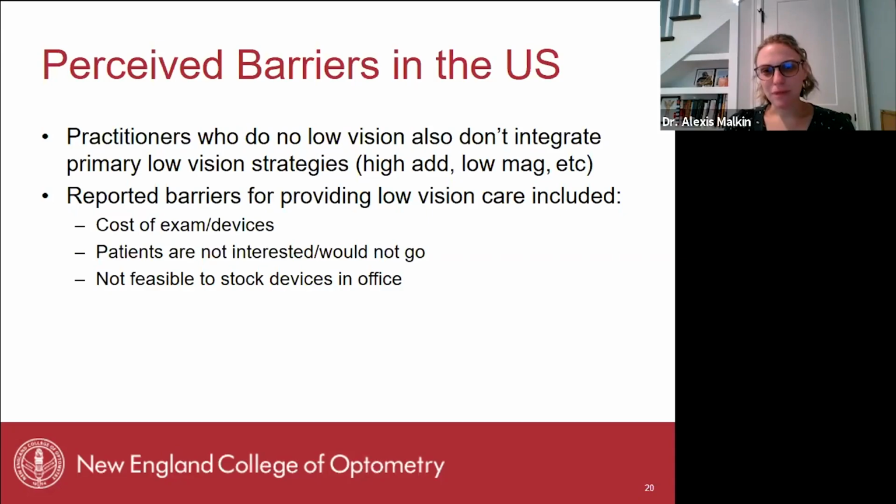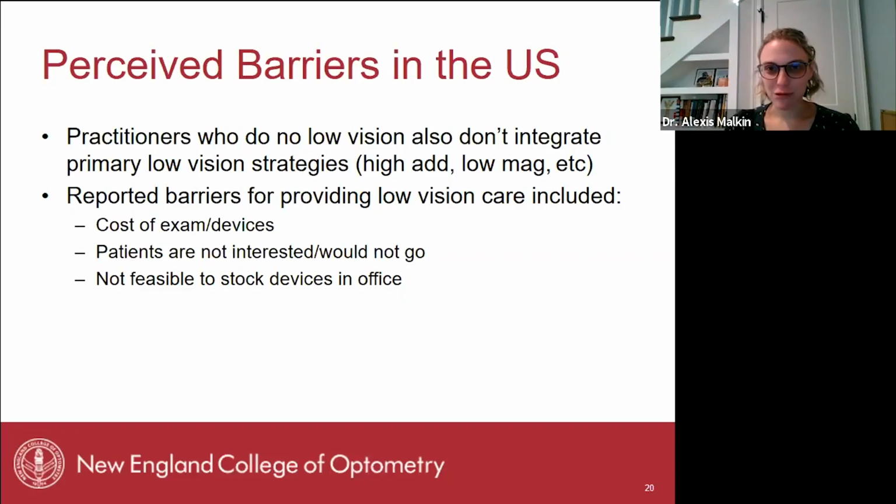The barriers that people reported in this study were the cost of the exam and devices, making an assumption that patients are not interested or wouldn't go if they were referred, and that it was difficult to stock devices in the office. So cost of exam, we can't really change other than providing education here in the US that it is covered by insurance.